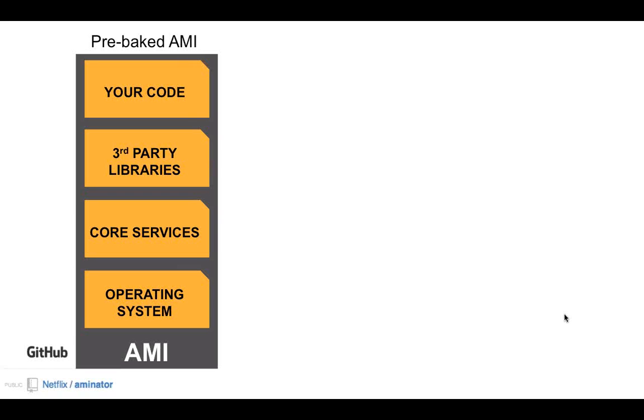There is no configuration, no orchestration happening anymore. All the binaries, configurations, etc. are built into the AMI. And by the way, if you're interested, Netflix has open sourced their Netflix OSS suite, and one of the tools is called the Aminator. So that's one way you can pre-bake your AMIs if you're interested.